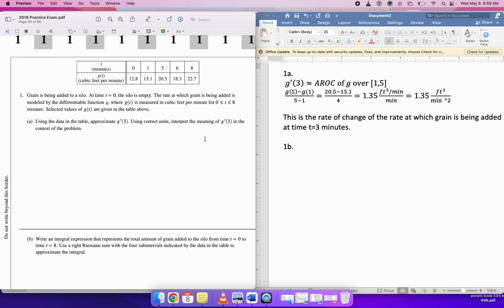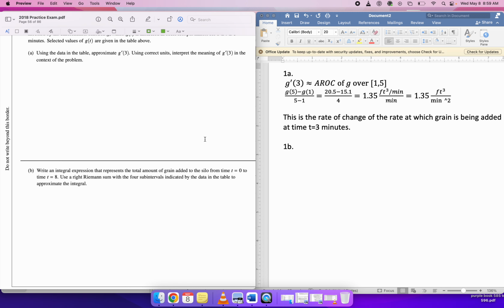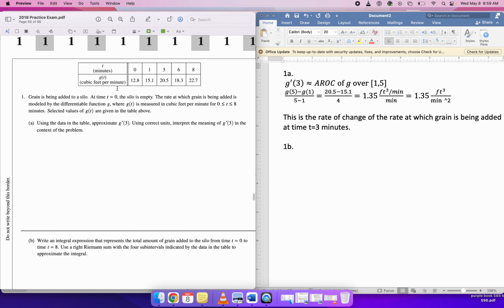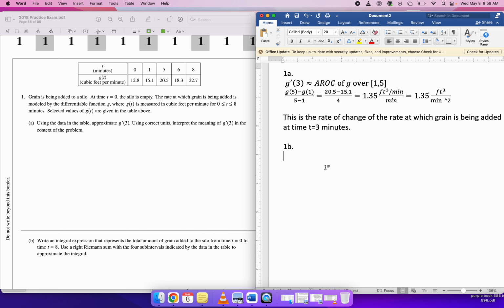1b. Write an integral expression that represents the total amount of grain added to the silo from time t equals 0 to time t equals 8. Then use a right-Riemann sum with the 4 subintervals indicated by the data in the table to approximate the integral. Right, so g is the rate at which grain is being added.